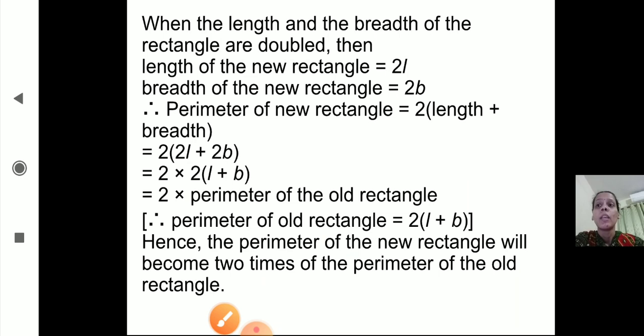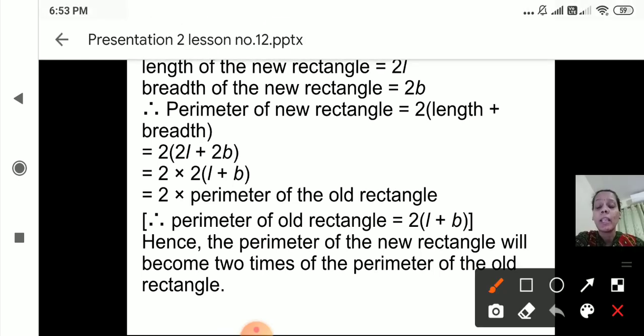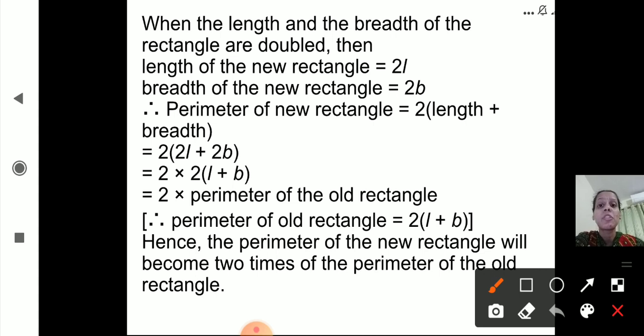The length of the old rectangle is L, so if it is doubled, it is 2 times L. So the length of the new rectangle is 2L, and the breadth of the new rectangle is 2B.